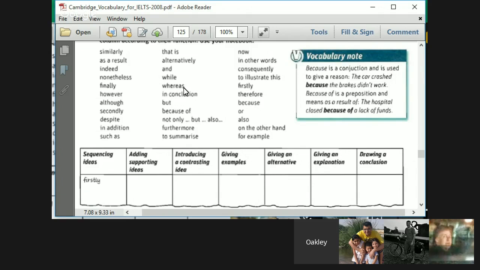Michael, whereas? Whereas, I think that could be introducing a contrasting idea, or I think that there is a second possibility, giving an explanation if you are talking about legal things, legal topics.